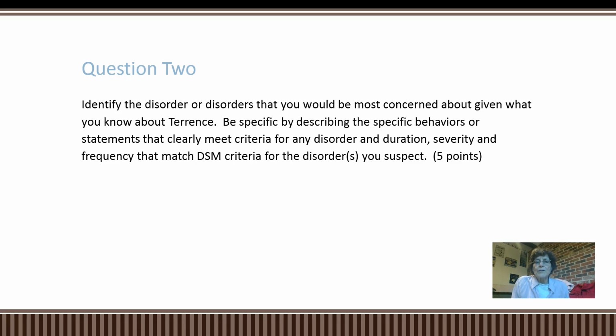Finally, make sure that you meet the general or universal criterion for saying that this is a disorder by making sure that the child has met the criteria for sufficient duration to match the DSM criteria, and talk about the severity. Often you have to specify whether it's mild, moderate, or severe.